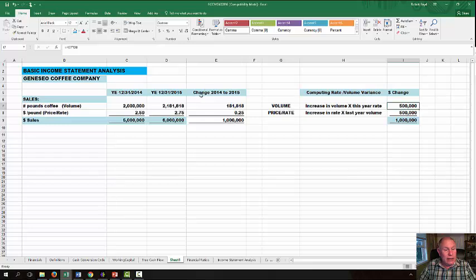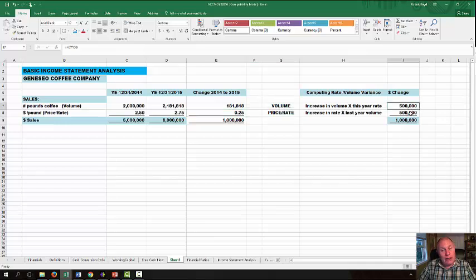So in that case, it would be E7, right here, the number of pounds, times this year's rate. So the incremental volume is 275 times 181. The price is the increase in rate, 25 cents, times 2 million, and we see that it comes out equally.